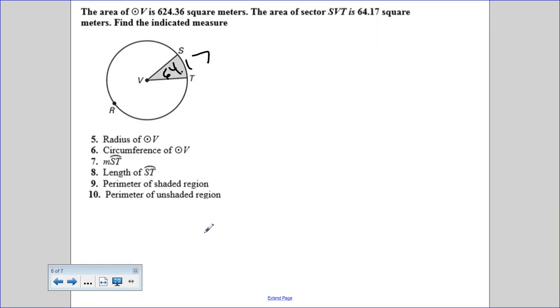Okay, if you want to try these on your own and then come back and check, you can. I'm going to work through them myself. The first thing I did is I read it, and I said, okay, the total area is 624.36. And then I labeled the sector, not the vector, but there is a thing as a vector. We won't go there though. All right, 64.17 meters. Find the radius of the circle. All right, well, I know that the total area is 624.36.